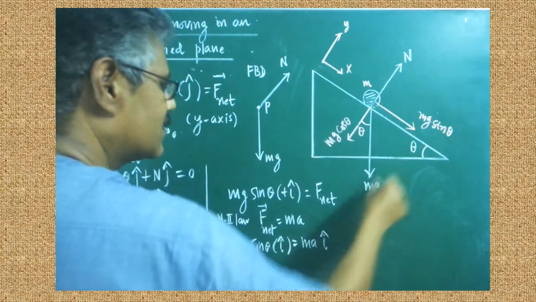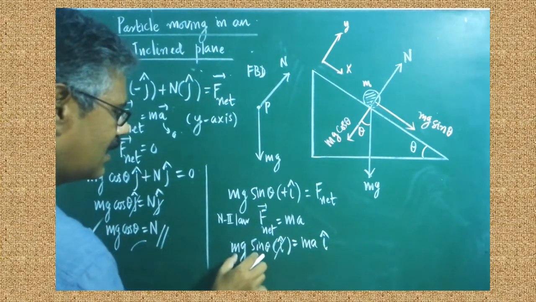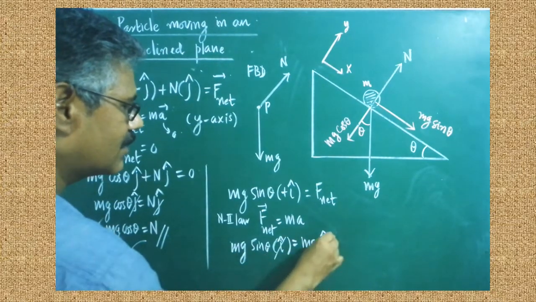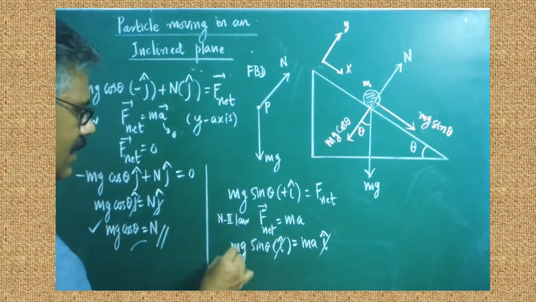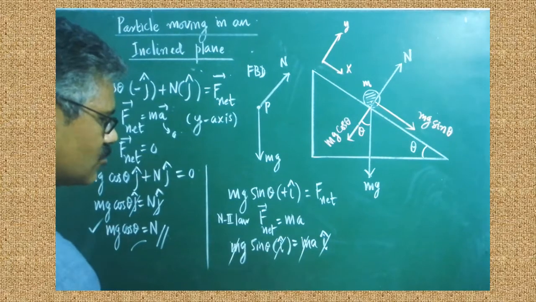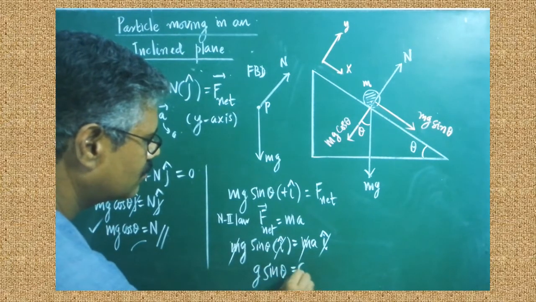So the net force is also acting in the same direction. Therefore the i components are mg sin theta and ma. Both the i caps can be cancelled. So finally m and m can also be cancelled. So g sin theta is equal to a.